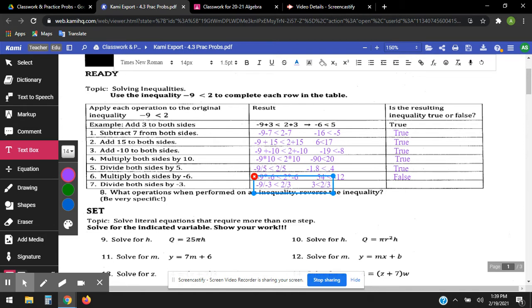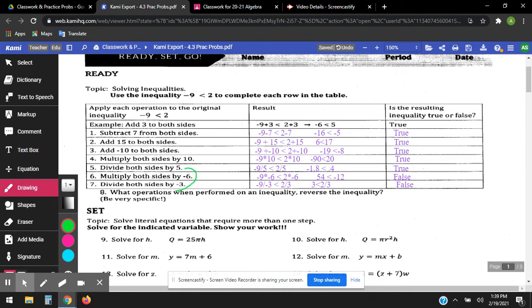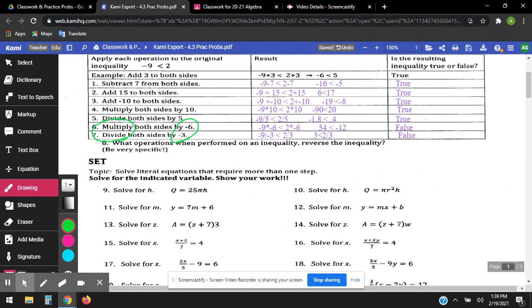No, 3 is bigger than 2/3. So that is actually false as well. Notice how we were doing okay until we hit these negatives. Multiplying and dividing by negatives throw off our inequalities. So just note that as we're moving forward.